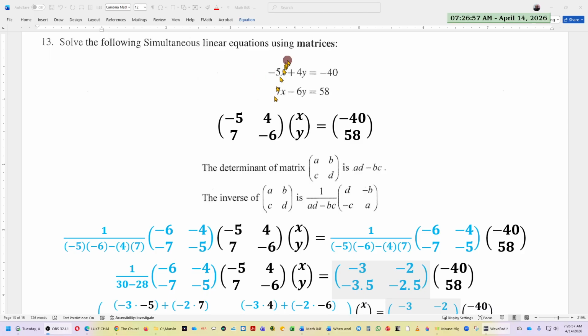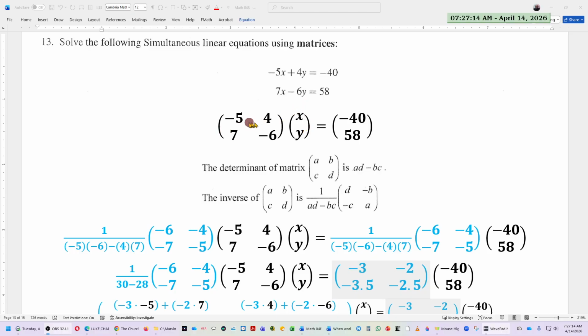Notice the numbers are going to stay in the same rows, and the x is in the column position, but it's going to become a row, and the y is in the column position and becomes a row.